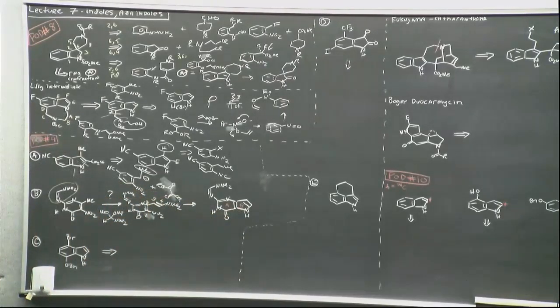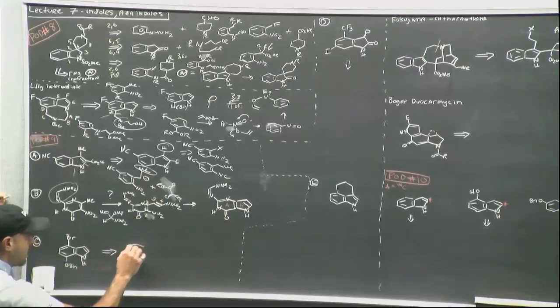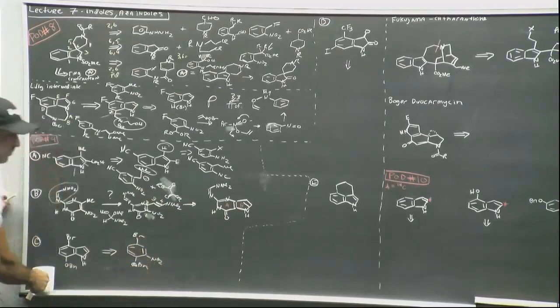So stay tuned for that. How about a quick solution to C? Yeah, sounds good to me. Look how easy this is. Done. Even with the bromine there, it's not a problem.